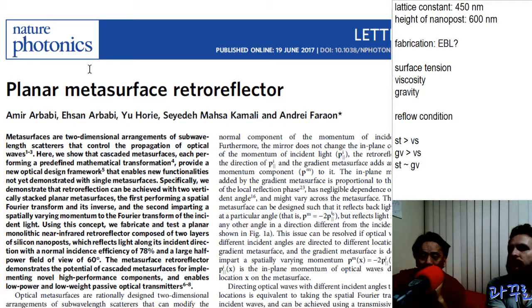But it's definitely worth reading through, because combinations of metastructures like what they're suggesting here could have really interesting applications for handling signal processing. So what they've demonstrated here is that you can perform two separate mathematical operations on incident light.